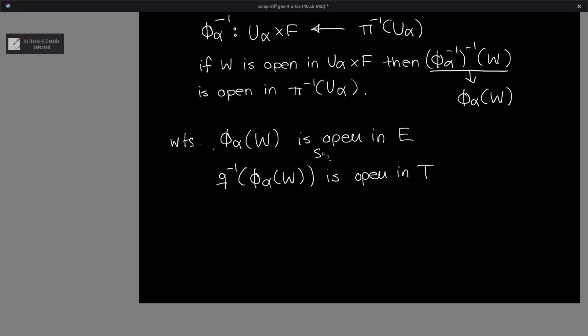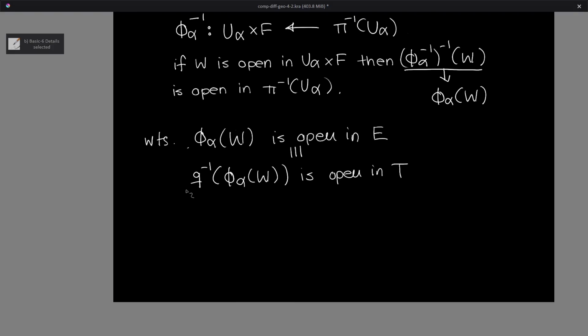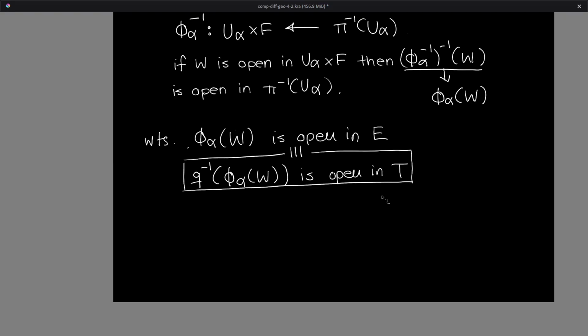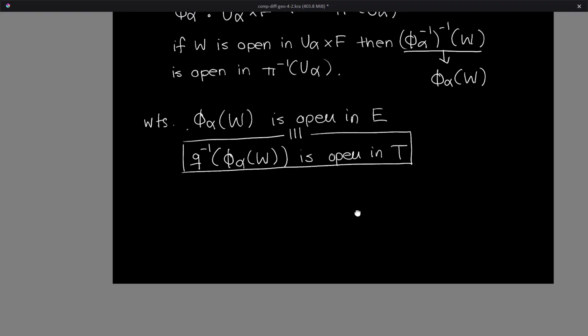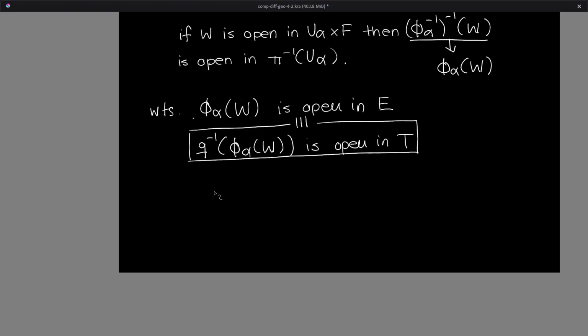So we can equivalently show that this is true. And this is going to be easier to do. So that's what we're going to do. In order to prove that this is true, we're going to need to provide a pretty subtle argument. So let's try to construct it.